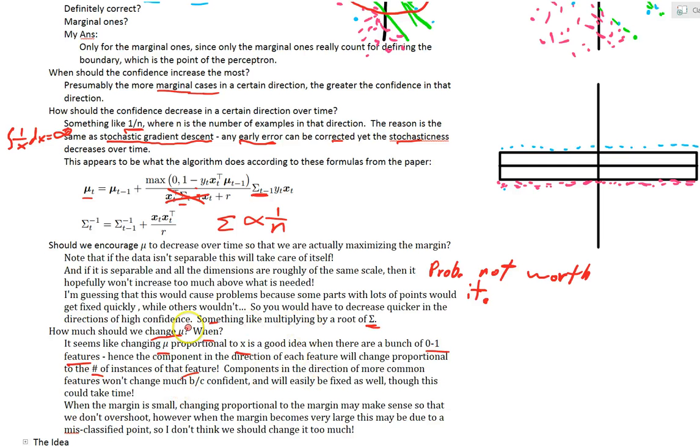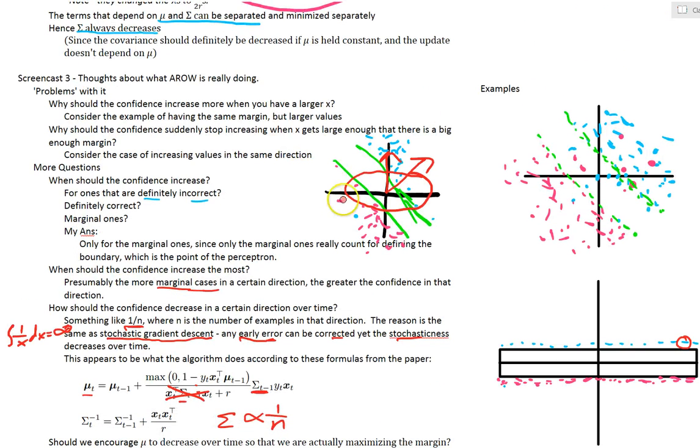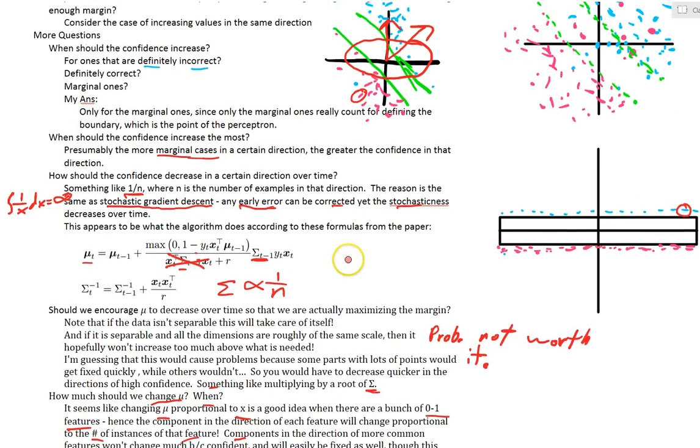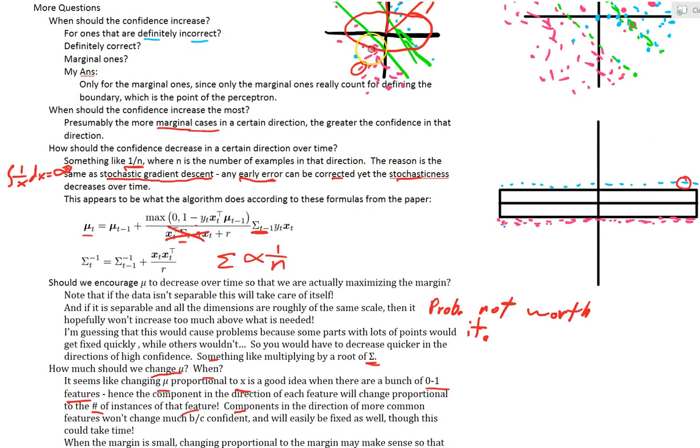Now the interesting thing is if we do this, there's some features that are really common. So say we've got some vector here for an update. Well, the component of our vector in the downward direction, because the downward and upward are very common feature directions, will not change much, whereas the component in that direction will change more, right?